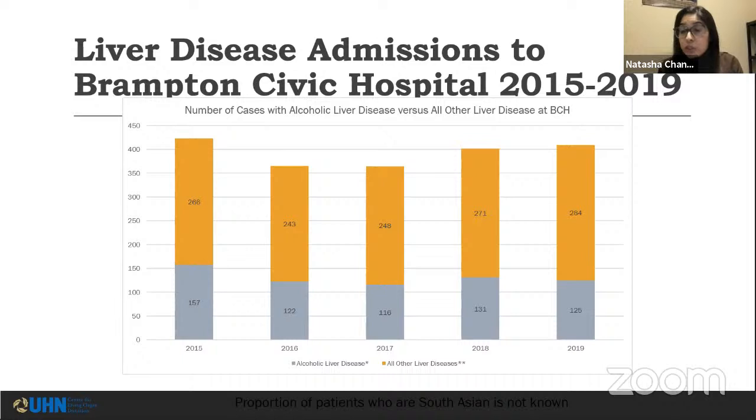This data does not include patients with a secondary diagnosis of liver failure. Every year, we're admitting approximately 400 patients to our hospital, and we're about a 620-bed hospital. Alcoholic liver disease patients are depicted in the blue bars, and they represent about a third of our admissions for people with liver failure.